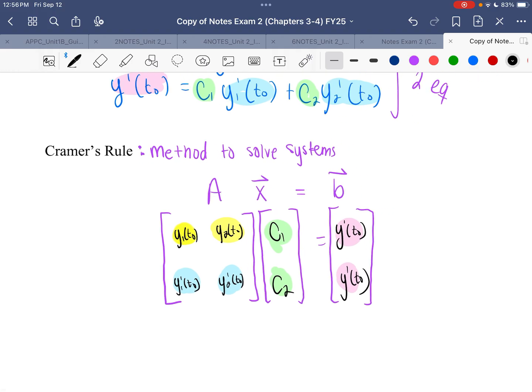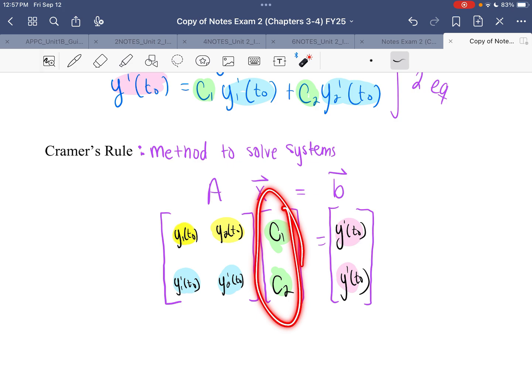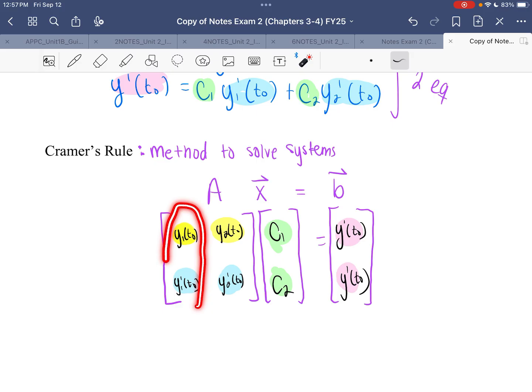How Cramer's rule solves this is, it can solve for any c, so C1, C2, if you had C3 or C4, by finding the determinant of the matrix with that C value's column replaced with what it was equal to.